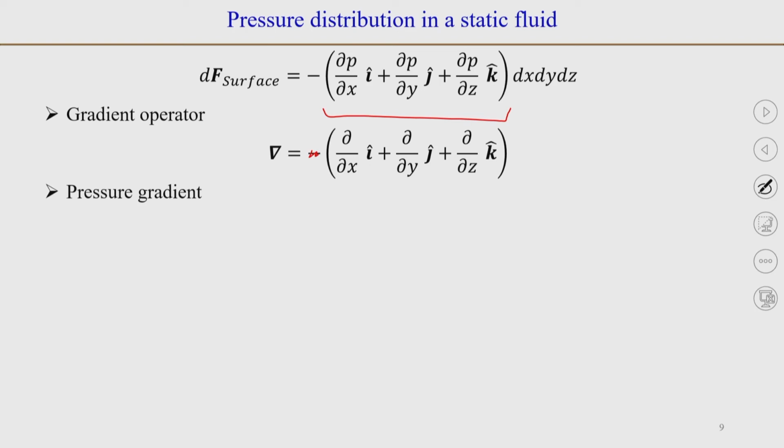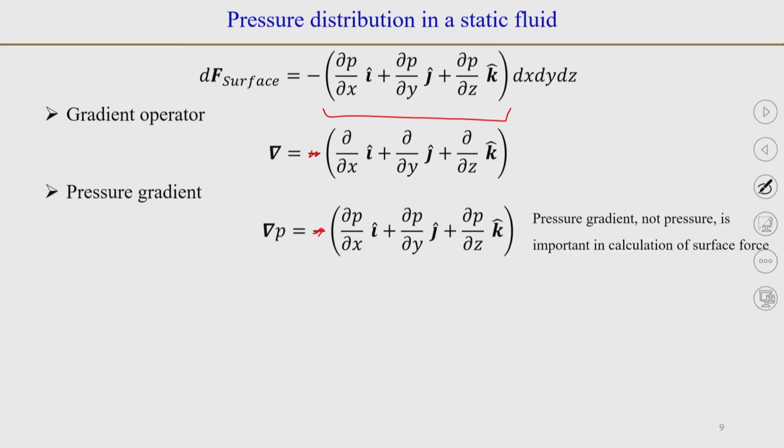Now, pressure gradient when we apply, we will get del p is equal to del p by del x i plus del p by del y j plus del p by del z k. So, finally, we see that the surface force dF is minus del p dx dy dz, where dx dy dz is the volume of the fluid element.